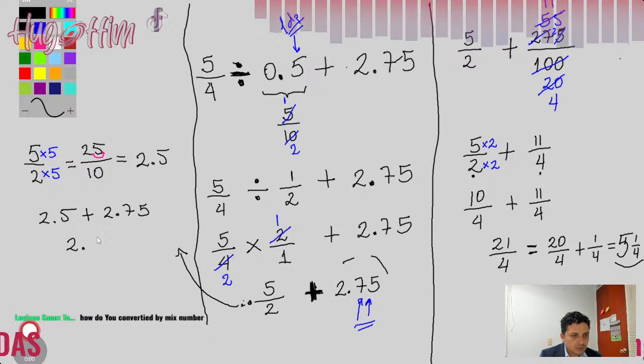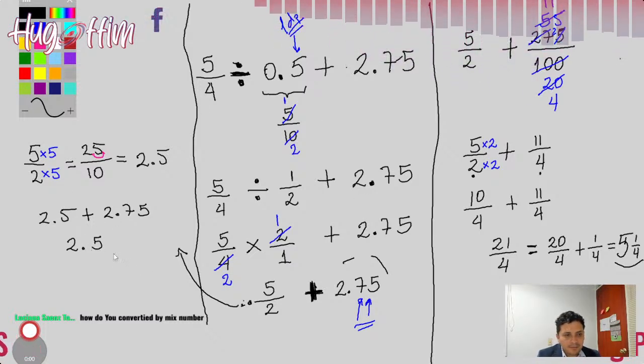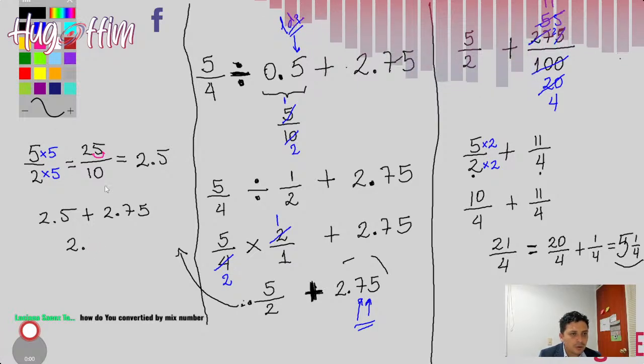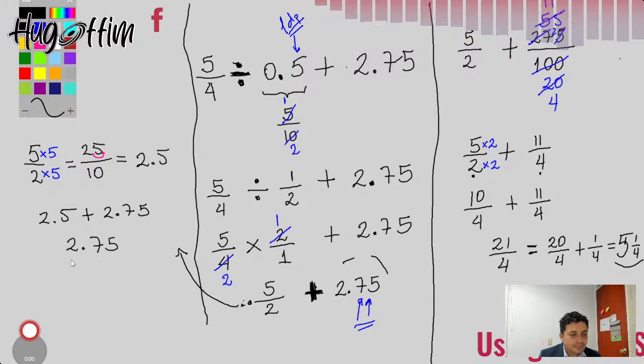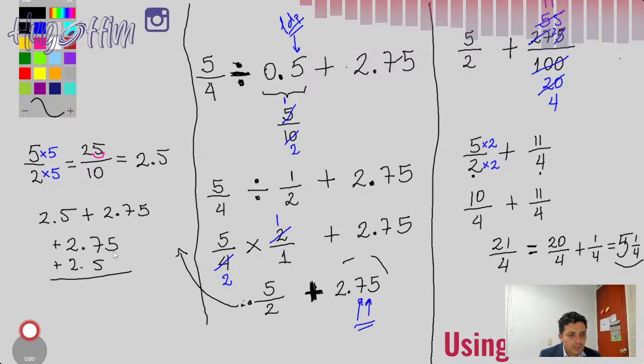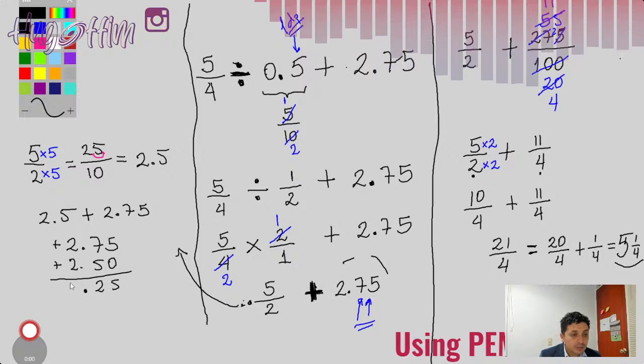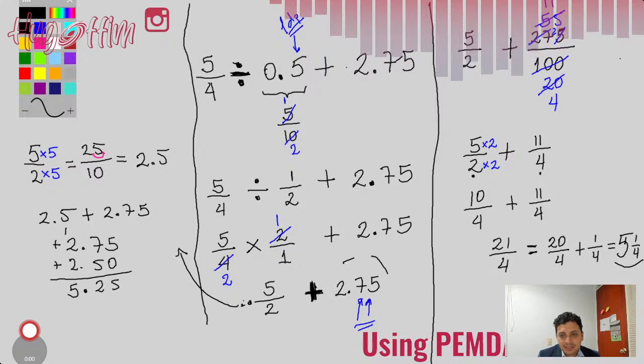If I want to do it in the way I'm showing you, I'm going to put the highest absolute value, that is 2.75. 2.75 plus 2.5. So I got 5 completed, 2 plus 2, and 5. 5.25, that is the same as 5 and 1/4.